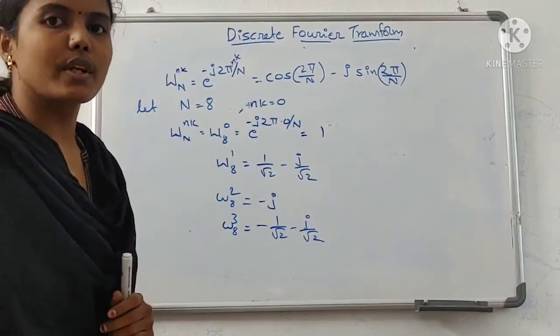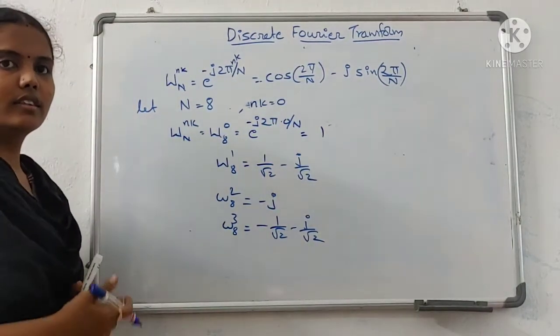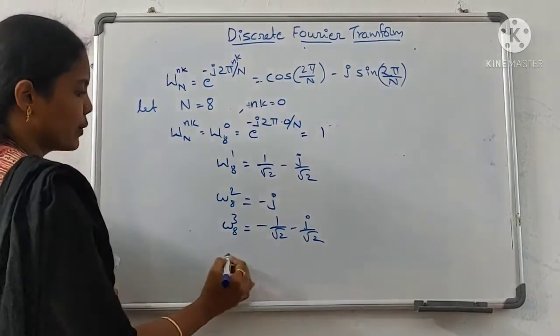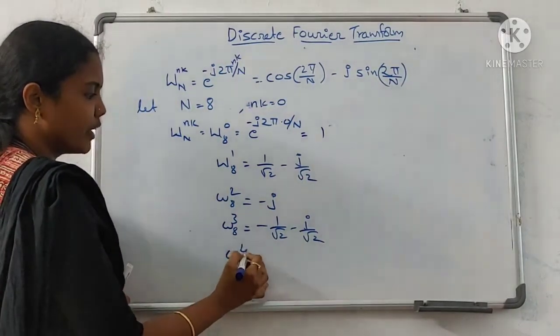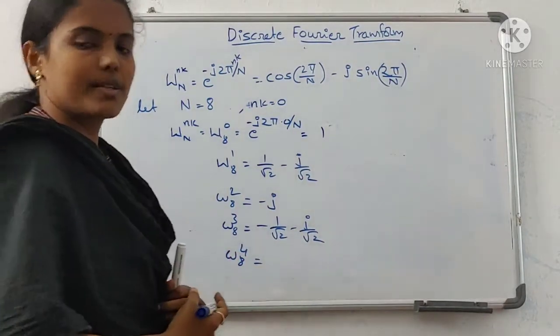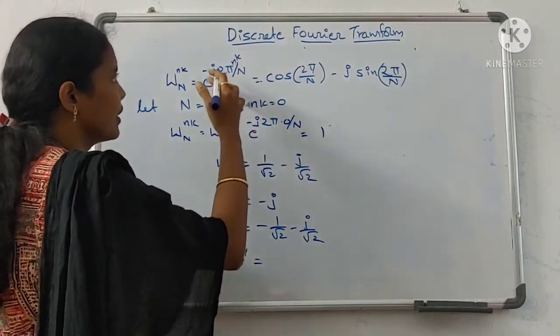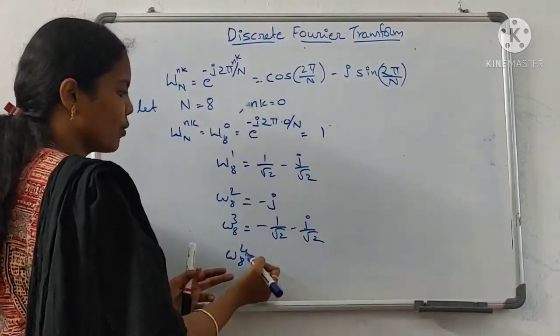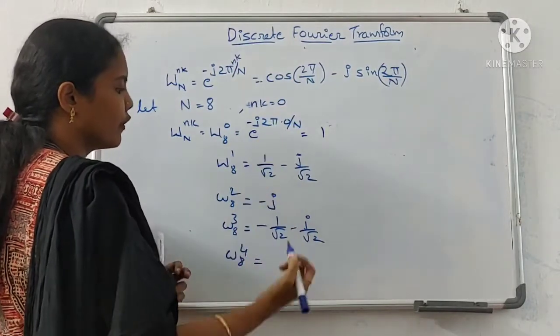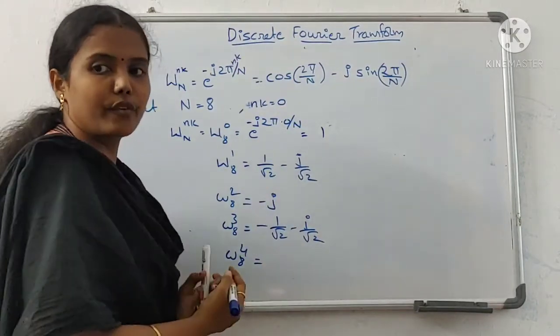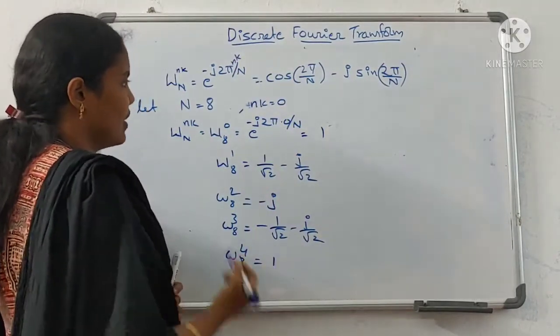Now, what is the W8 power 4 value? You substitute N is equal to 8 and nk is equal to 4, and you get the W8 power 4 value as minus 1.